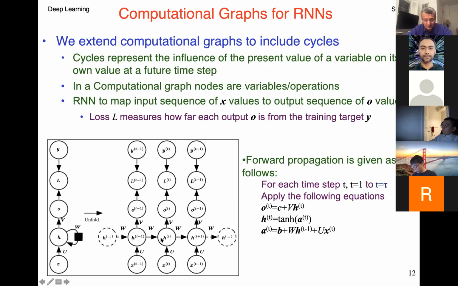We are talking about a time t here. So it's W times h at t minus 1 plus U times x, right? So that is what is being given as input to h. And h is a tanh. That's after the activation, the output is produced by taking the h value, multiplying it by V, and also taking into account a context c, which is, I suppose, not shown here because h has already been taken into account.